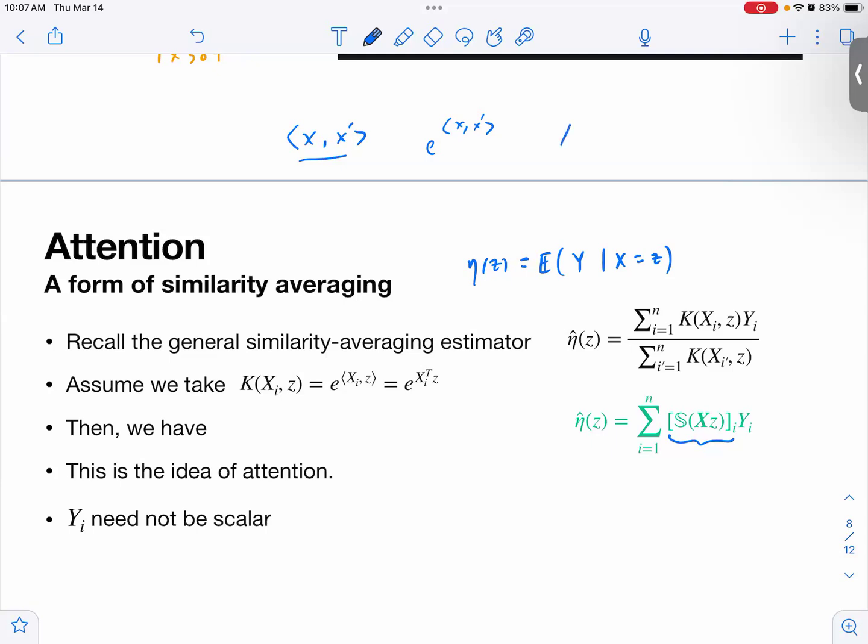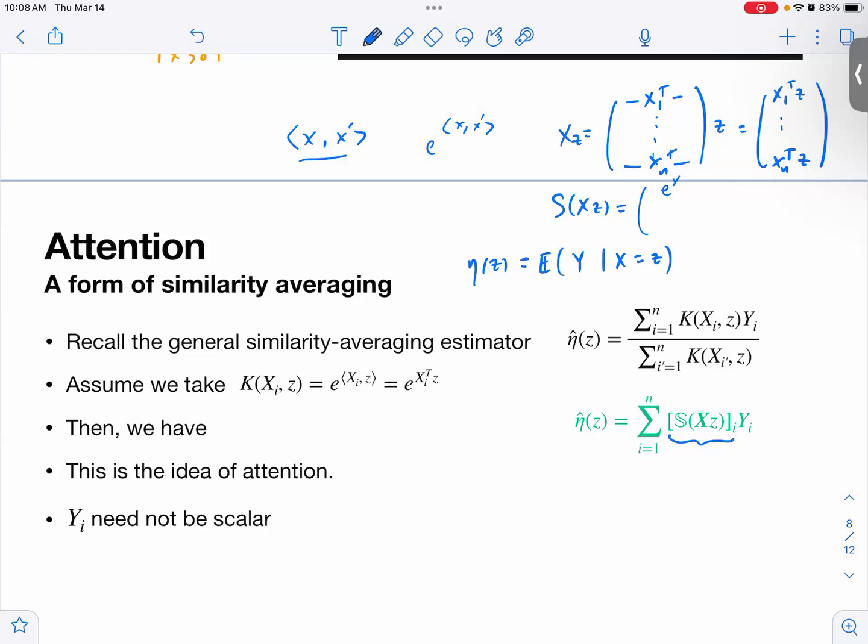If I have the matrix X, written as x1 transpose up to xn transpose, times z, that would give me all these inner products: x1 transpose z all the way to xn transpose z. Then if I apply softmax, which is a vector operation, it takes this and produces weights.